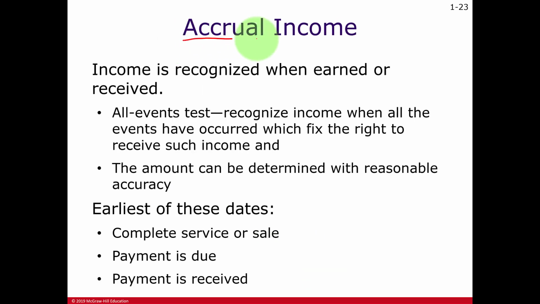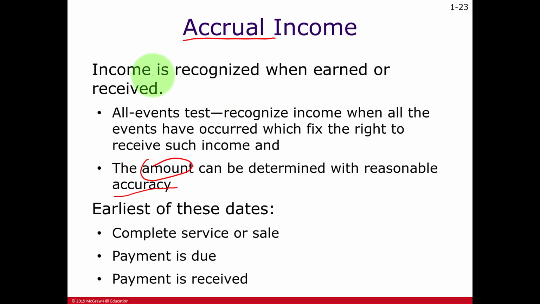So the accrual method, and again, this is what you guys are usually familiar with, at least accounting majors. We have to make sure that the amount of income is not only determinable, but that all the, here they call it the all events test, has happened. In other words, it has to be a legally receivable or payable item.